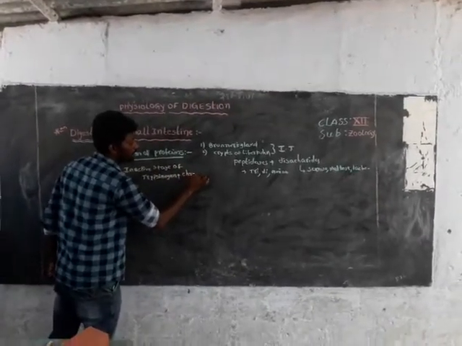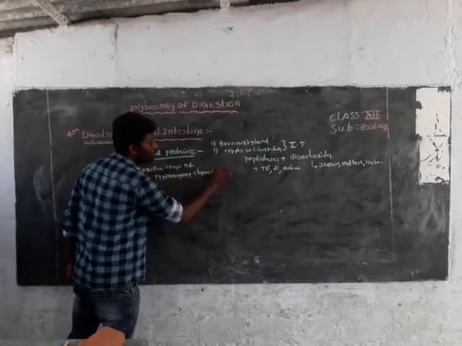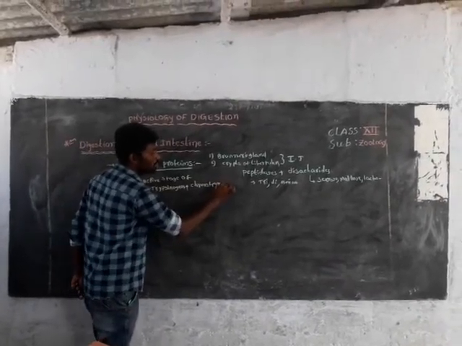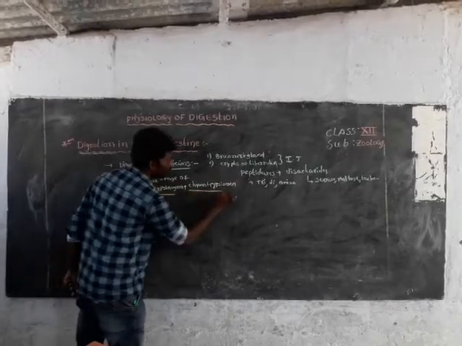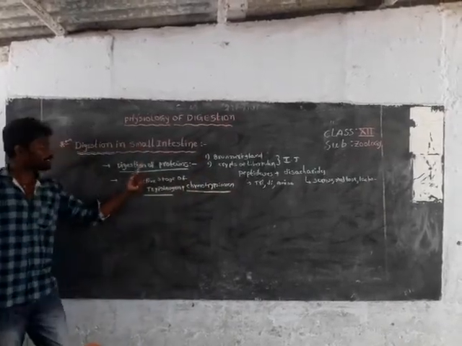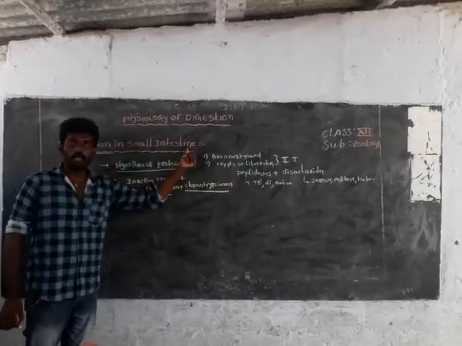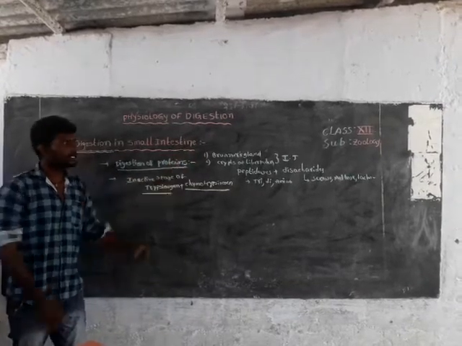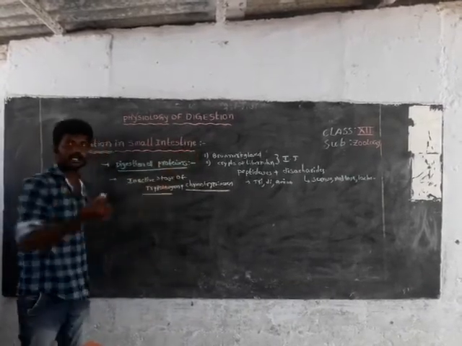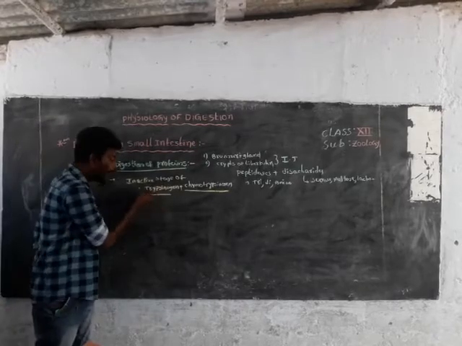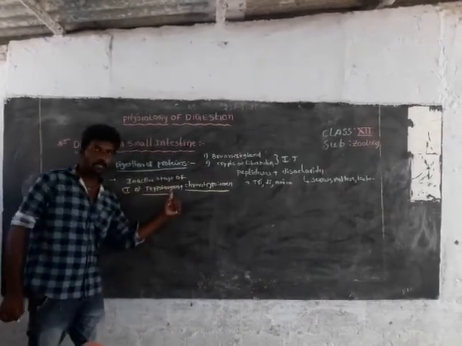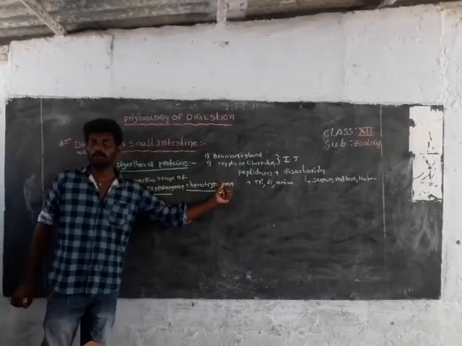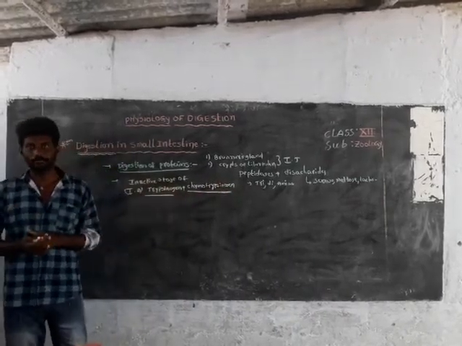These are the inactive forms of trypsinogen and chymotrypsinogen that are present.